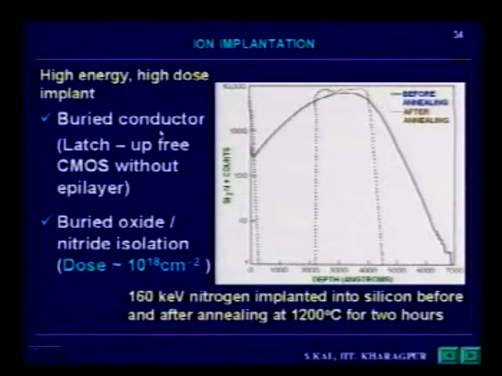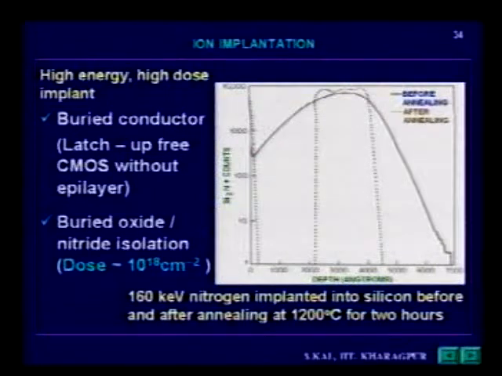Buried conductor means some metal ions at high energy are implanted inside the crystal, and then you will find, not at the surface but at a particular depth from the surface, some metal conducting layer, which will help in fabrication of latch-up free CMOS without epi layer.